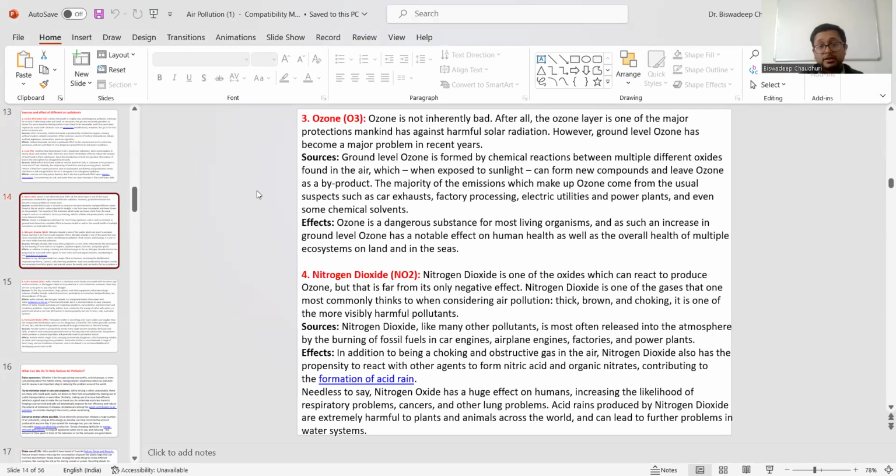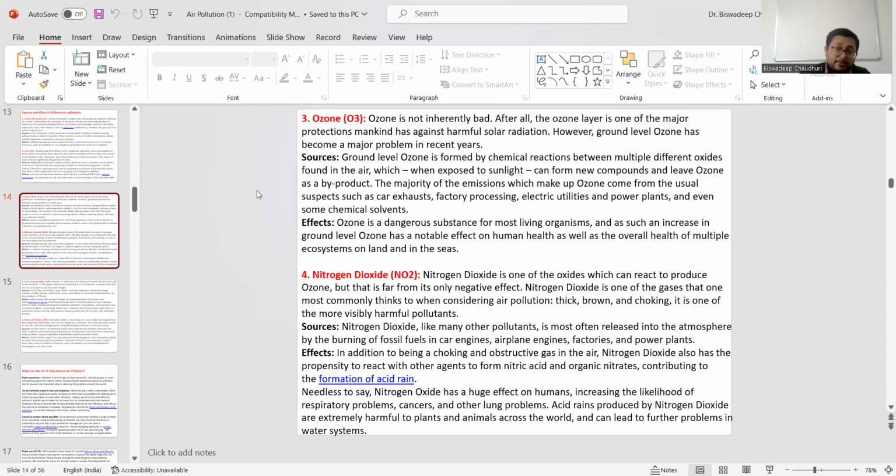Number three, ozone, O3. See, it's not inherently bad. The ozone layer is one of the major protections. It gives very good protection to mankind against harmful solar radiation. When radiation comes from the sun, the ozone gas absorbs it to some extent.